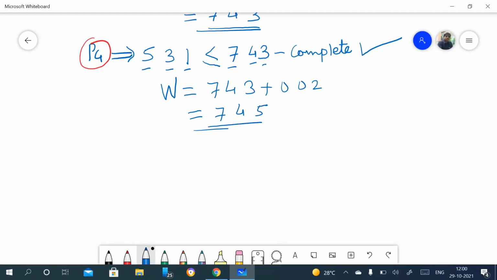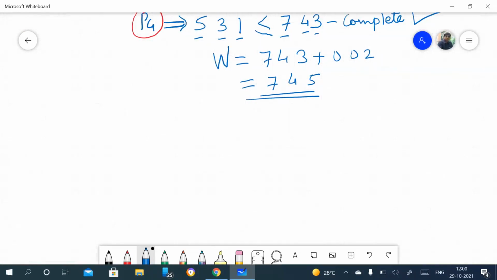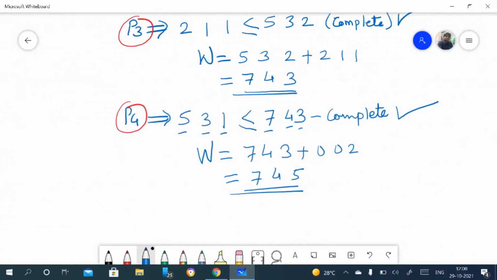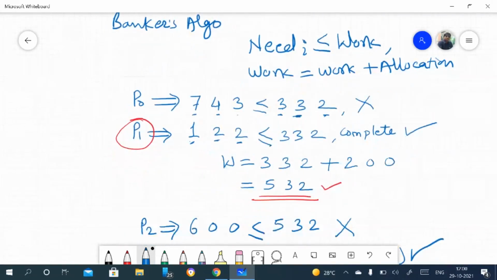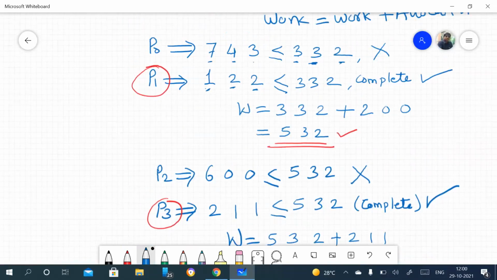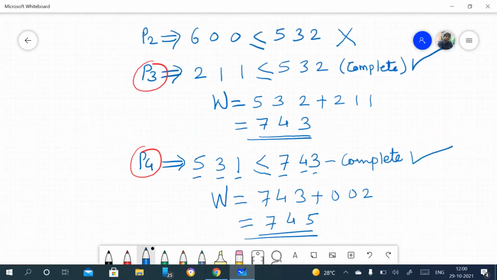So now these are the updated resources. Okay. Now P4 is completed. Which is not completed? P0 is not completed and P2 is not completed, right?